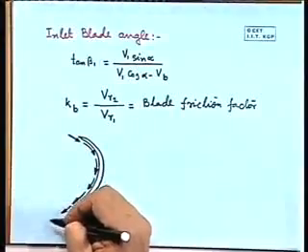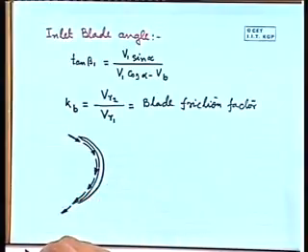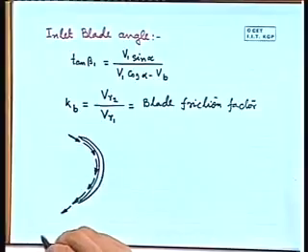Okay. So, there is no change in pressure, there is no change in the static head. So, the velocity at the inlet and outlet can be different only if there is frictional dissipation. Otherwise, there will not be any change in velocity.